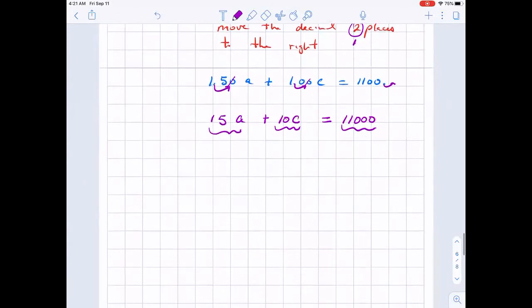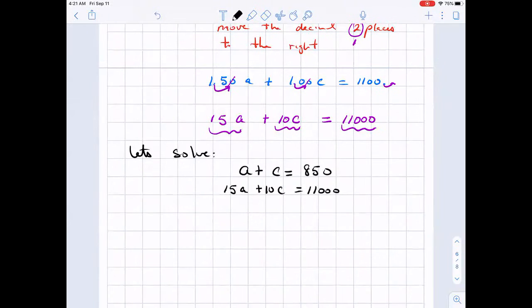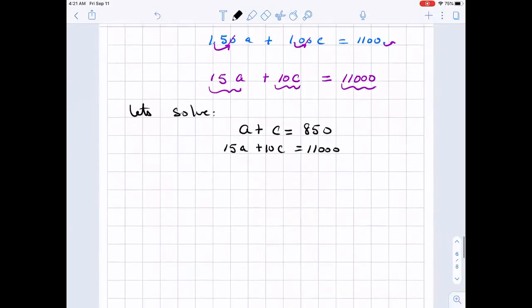So now let's solve. Two equations. A plus C is equal to 850, and 15A plus 10C is equal to 11,000. We can use the elimination method.